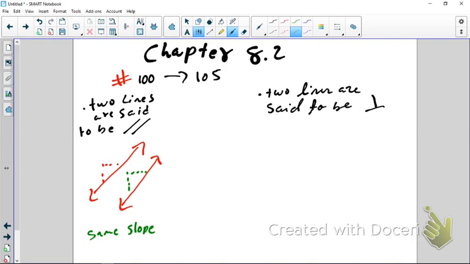As opposed to the perpendicular ones, lines that are perpendicular, you may have a slope of, let's say, -2, for example. The rule says that if the two lines are set to be perpendicular, they are going to intersect. Where they intersect, they create 90 degrees at that point right here.